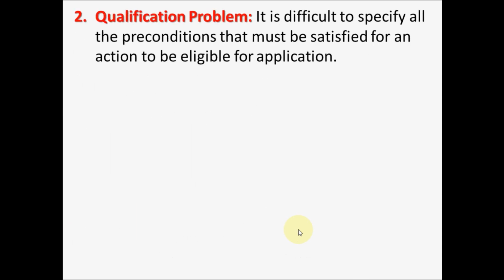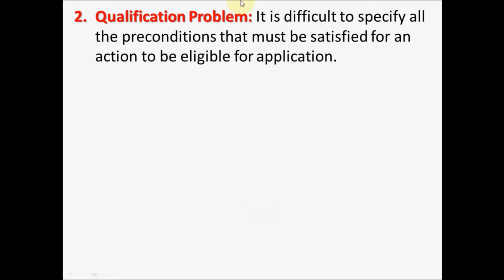The second problem with Green's approach is the qualification problem. So what is qualification? For an action to execute, it should be qualified for that action, right? That means there should be some preconditions that are to be satisfied.